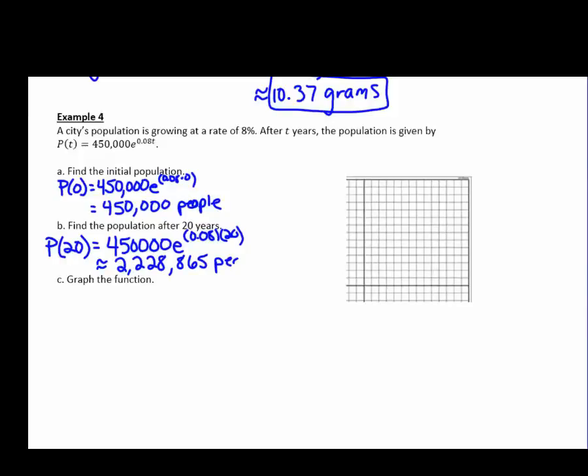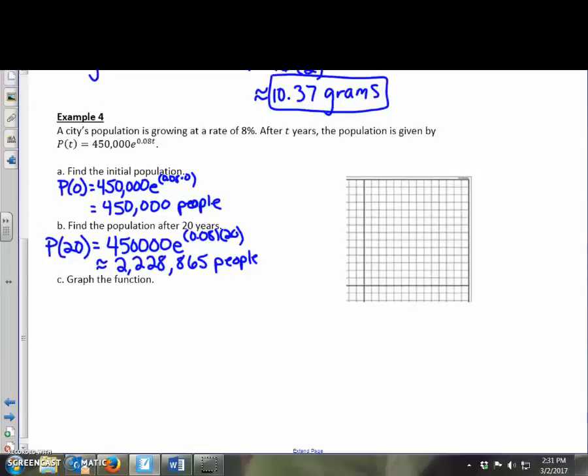Okay? And so when we plug that in, we end up with our population is approximately 2,228,865 people. And typically when this is being reported, they'll just round it. They might say 2,229,000 as an approximation. So now we can go ahead and graph our function, and we can take a look at what kind of units we might want to use.